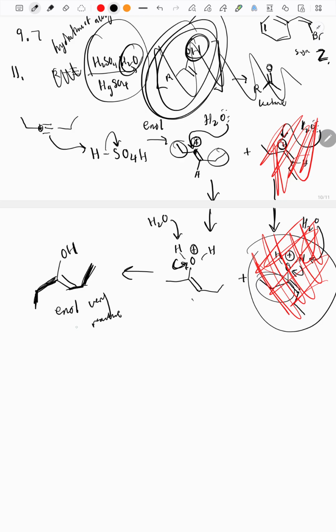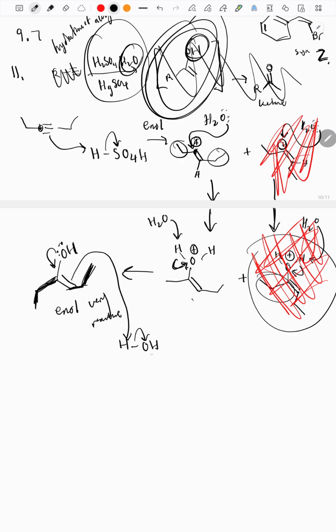Basically, enols will want to, the lone pairs on the oxygen here will want to donate, push it down here, and basically this alkene bond will want to deprotonate part of the sulfuric acid or hydronium ion.